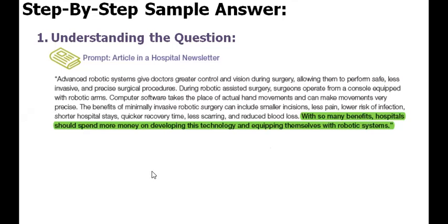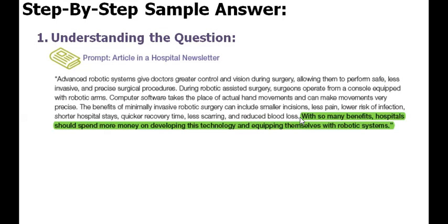Computer software takes the place of actual hand movements and can make movements very precise. The benefits of minimally invasive robotic surgery can include smaller incisions, less pain, lower risk of infection, shorter hospital stays, quicker recovery time, less scarring, and reduced blood loss. As you can see, all of this is general information.